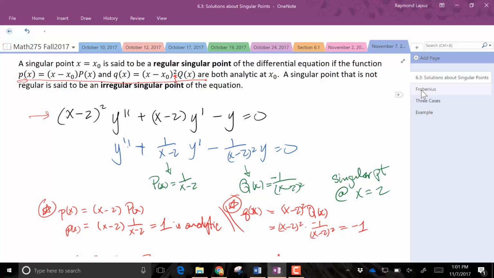Analytic means it's continuous and differentiable and nice and smooth. And so let's just say no zeros in a denominator at that particular point. Yeah.